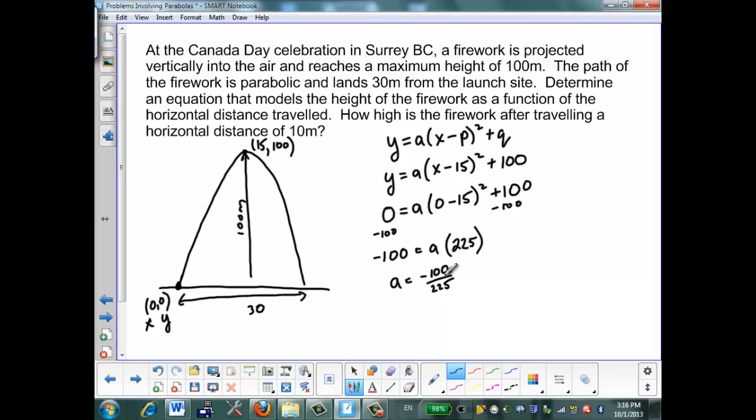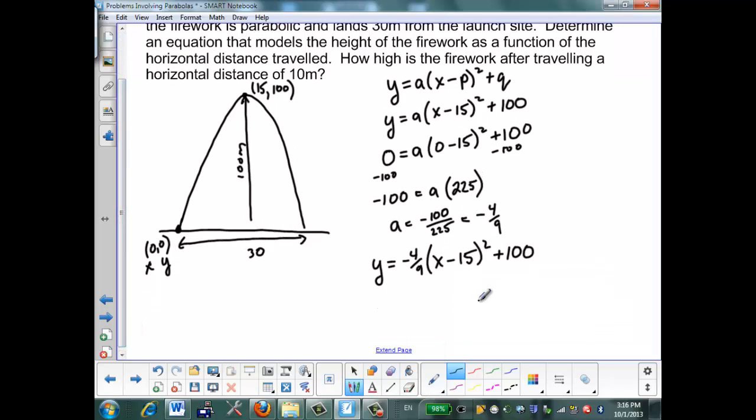I could then reduce that fraction and substitute it into my equation. Reducing that fraction, I get negative 4 ninths. So my new equation is y equals negative 4 ninths (x minus 15) squared plus 100. Now that I have a new equation, I could use this equation to solve for my final question.